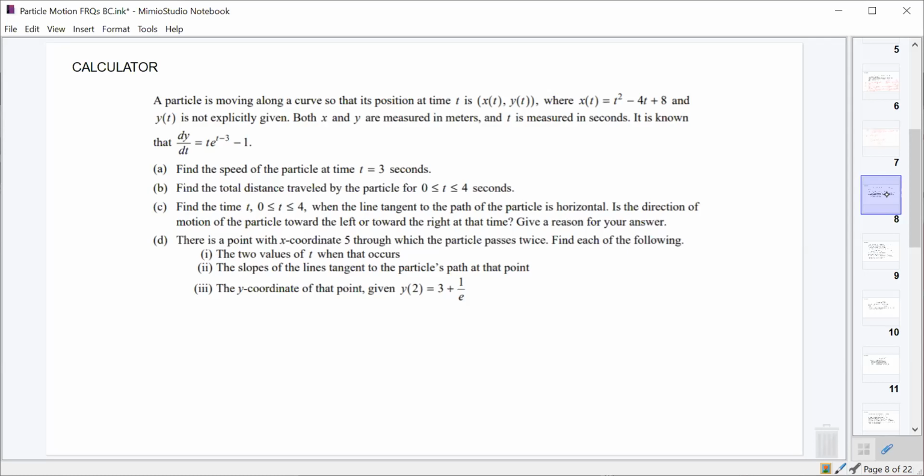All right. So for part A, find the speed. Okay. I think we know how to find the speed. How do we find the speed? Same thing. Square root of dx/dt squared plus dy/dt squared.